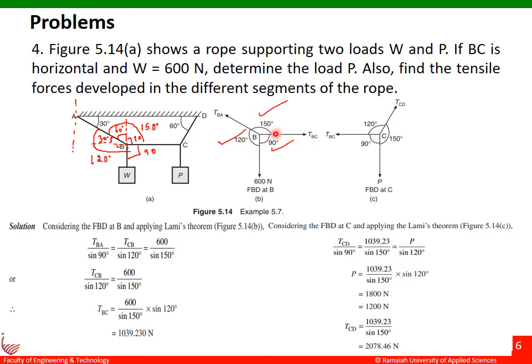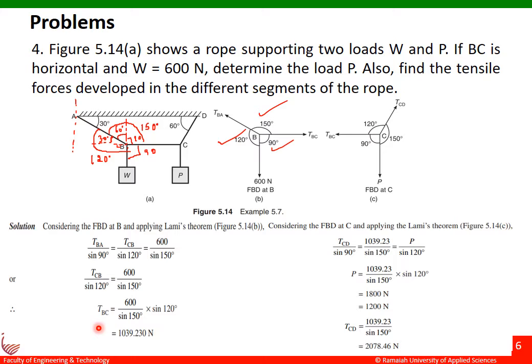Considering the free body diagram at B and applying Lami's theorem, we can get the expression as TBA divided by sine 90, and then TBC divided by sine 120, and then 600 divided by sine 150 degrees. If we substitute this, we'll get the answer for TBA and then TBC.